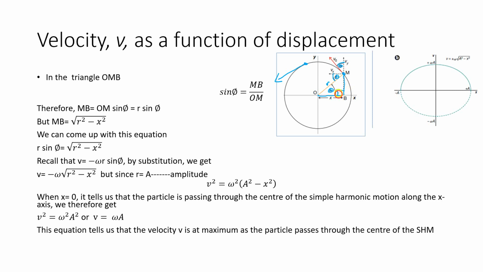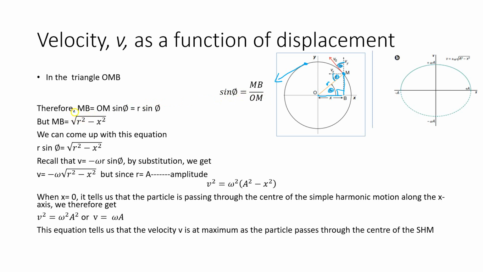Since we're dealing with a right angle triangle, that side is the opposite. So sine theta is equal to MB divided by the hypotenuse, where OM is the hypotenuse, which is the radius. So MB divided by OM is equal to sine theta.